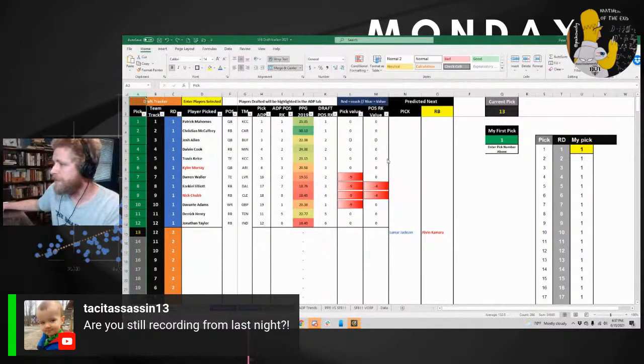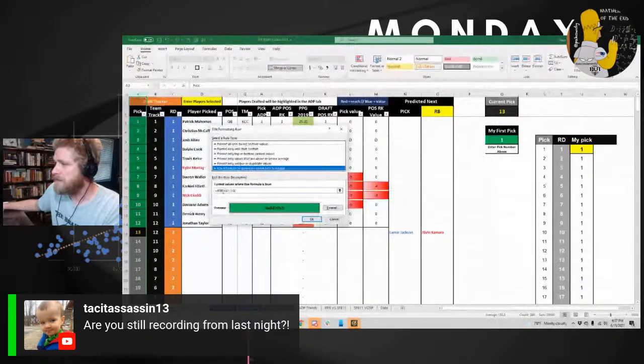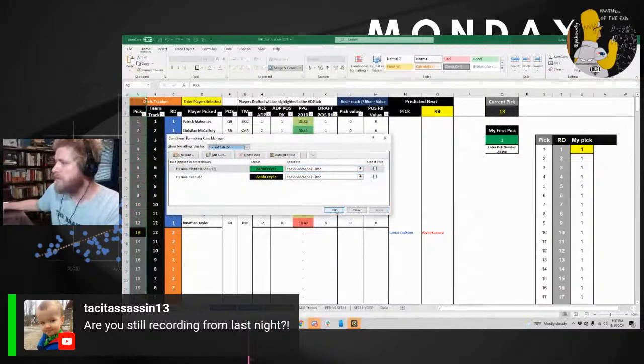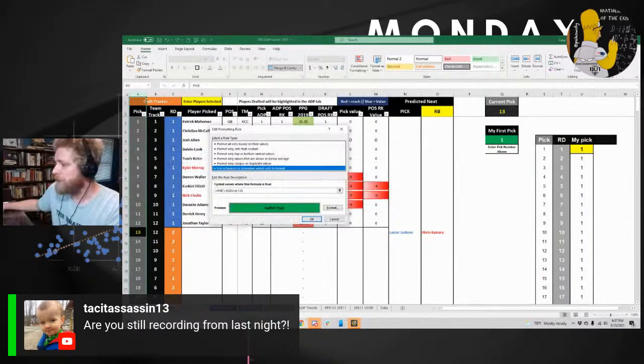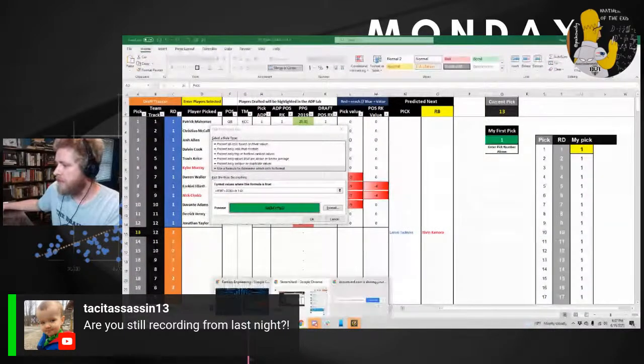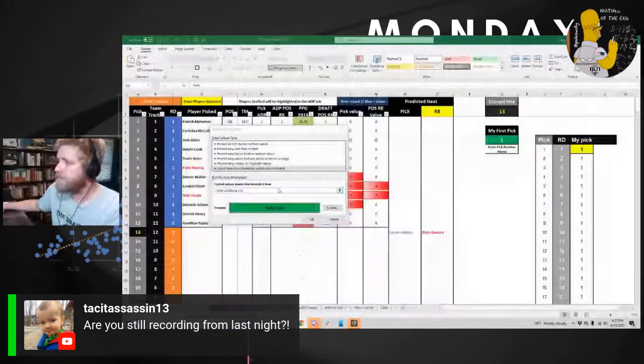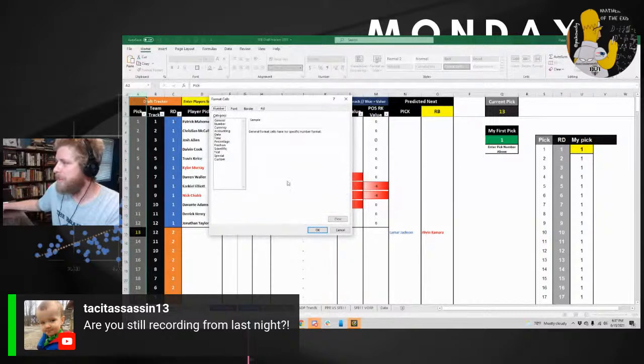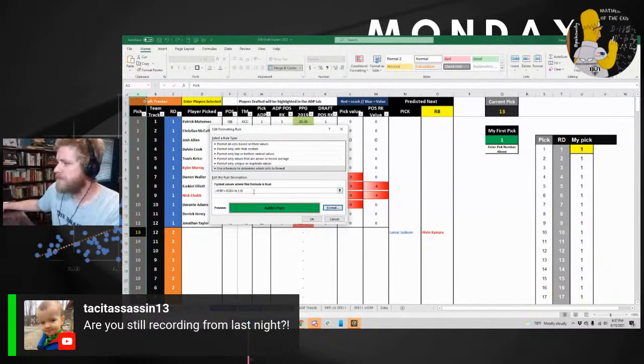I hate conditional formatting. I really do. Oh, my music disappeared. Look at that. How long have I been here? Feels like forever. I'm just trying to get it to highlight the cells with green if it's your team. God damn it. I hate conditional formatting.